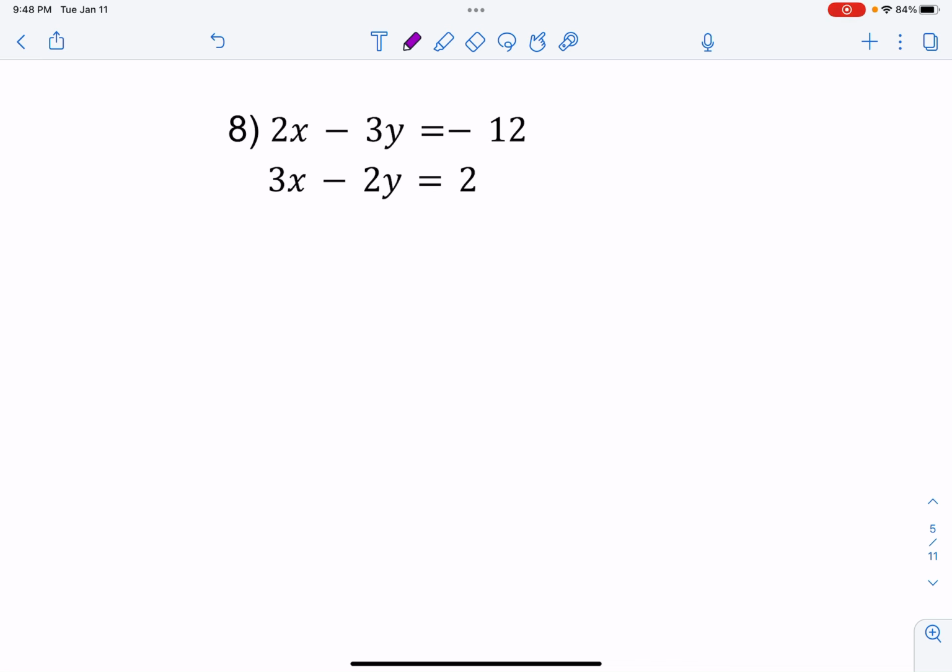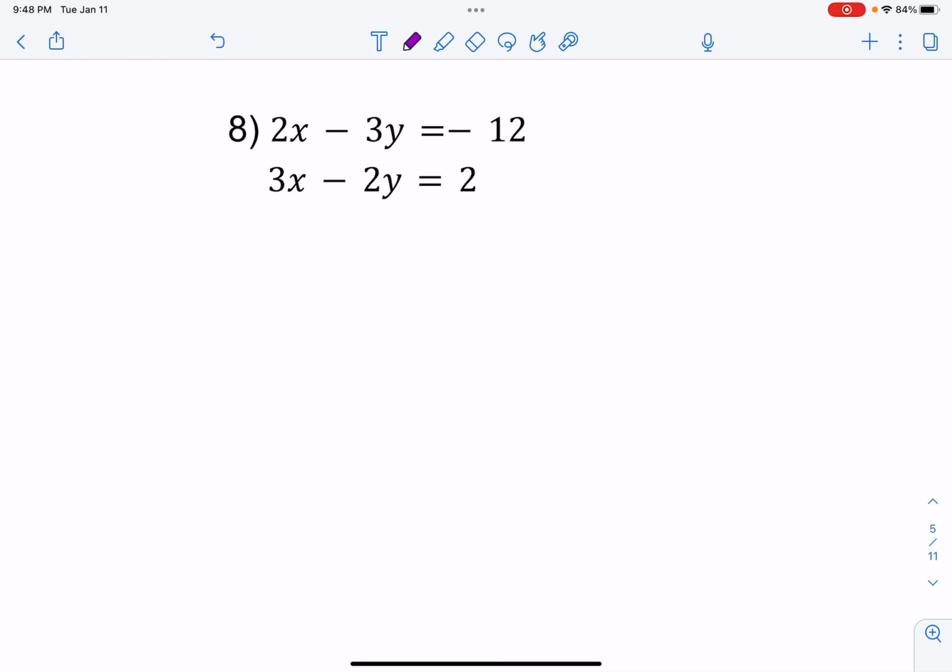So we have 2x minus 3y equals negative 12, and 3x minus 2y equals 2. So in both cases, x and y, the numbers that we have in front are 2 and 3, right? So greatest common multiple that we have for all of our numbers involved is 6.